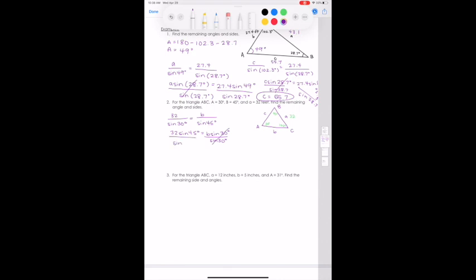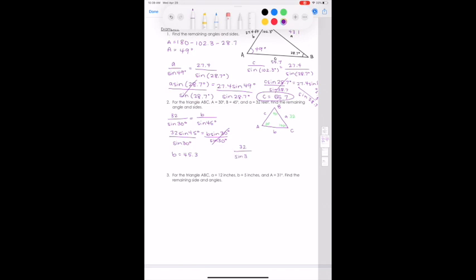Alright, cross multiply and divide. You end up with side b equaling 45.3. Alright, now we need to find side c, and then we're done.